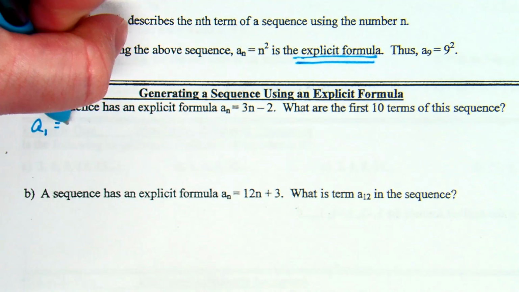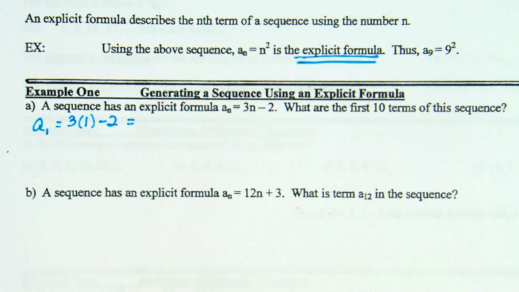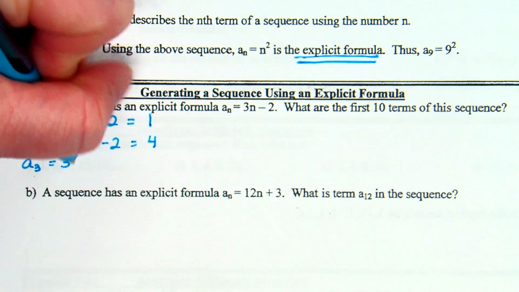So we're going to be doing 3 times 1 minus 2. Do the math. 3 times 1 minus 2 is 1. How do you find the second term? Plug in 2. 3 times 2 minus 2 is 4. What about the third term?